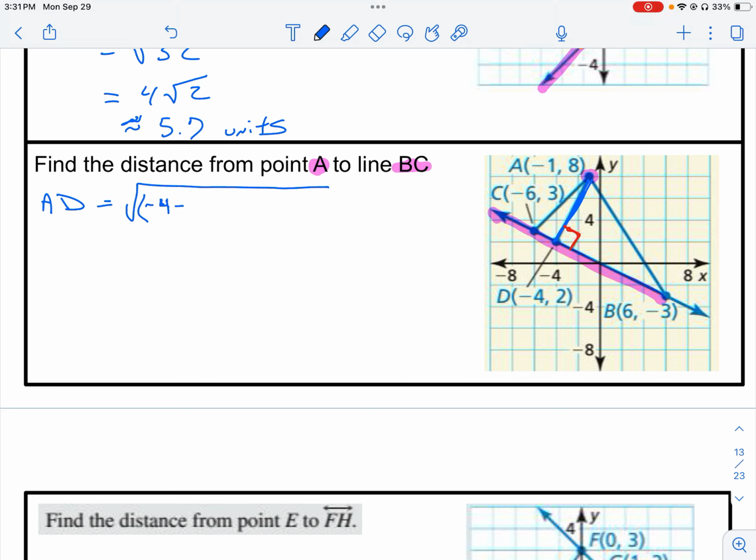So negative 4 minus negative 1, quantity squared, plus 2 minus 8 squared, going to be negative 3 squared plus 6 squared.